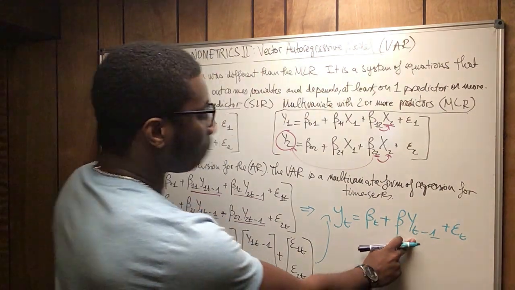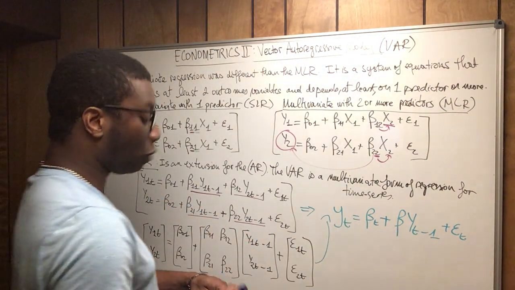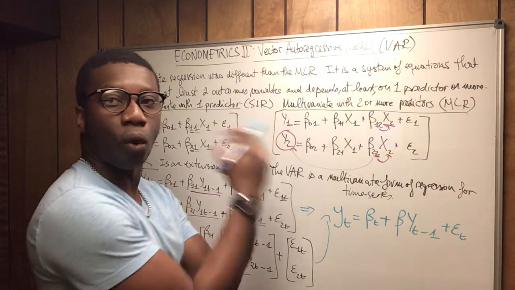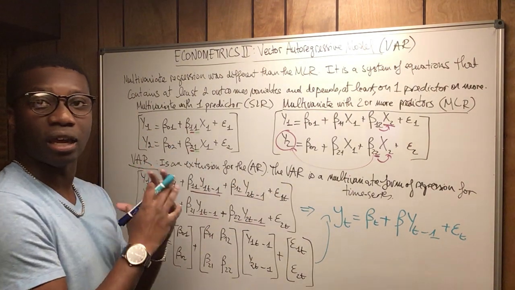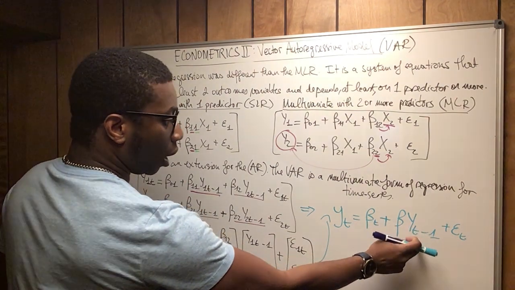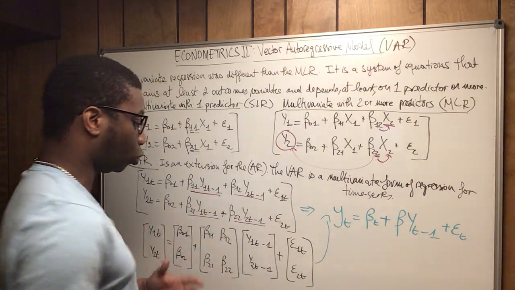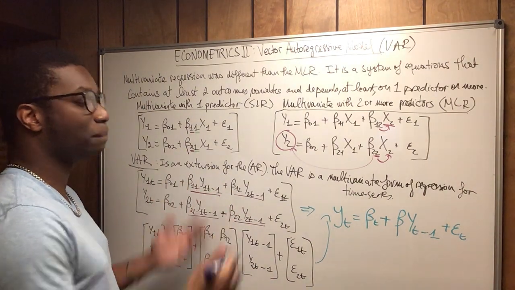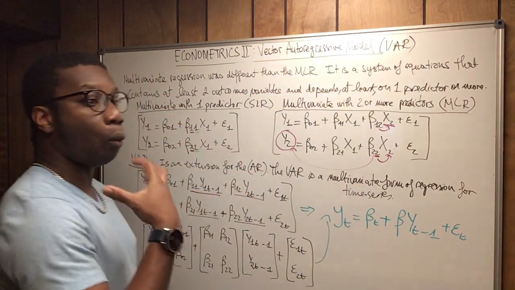Why do we have only t minus 1? Because at the end of the day, we're simply moving one lag in the past. Whether it's y1 t minus 1 or y2 t minus 1, it doesn't matter. But we're only moving one lag in the past.